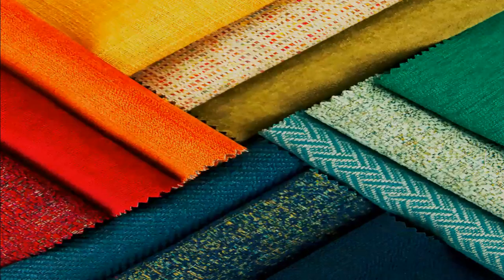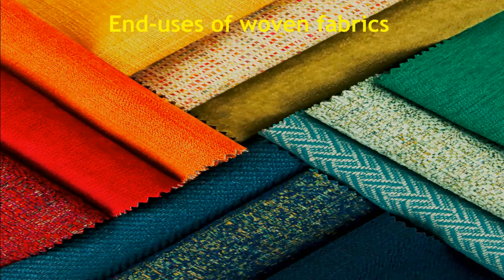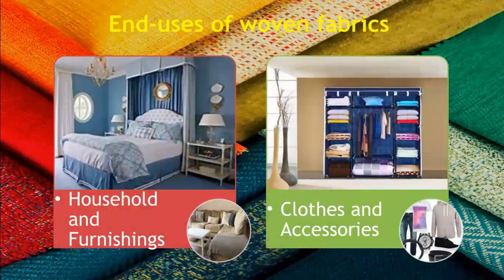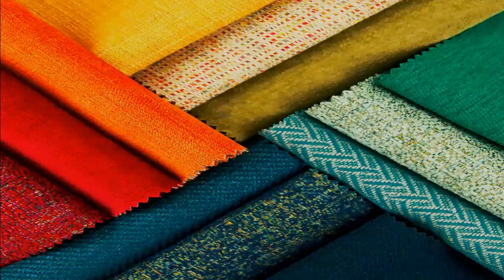Now let us have a look at the different end uses of woven fabrics in our day-to-day living. They are used to make household and furnishing textile items, and also for clothes and accessories.